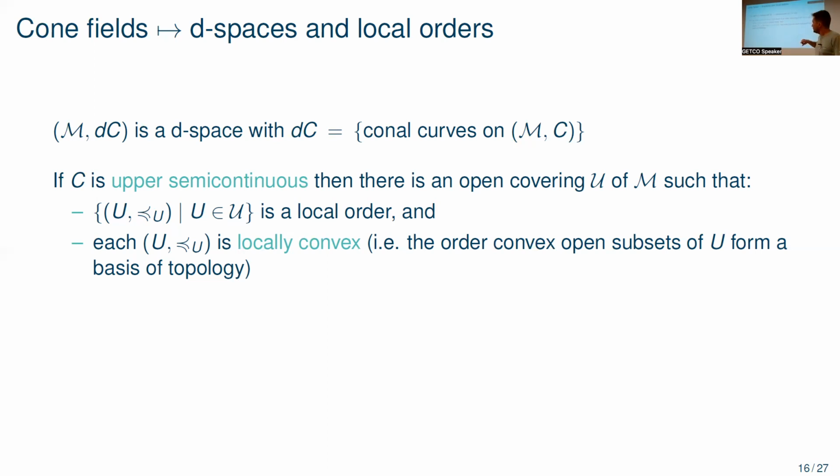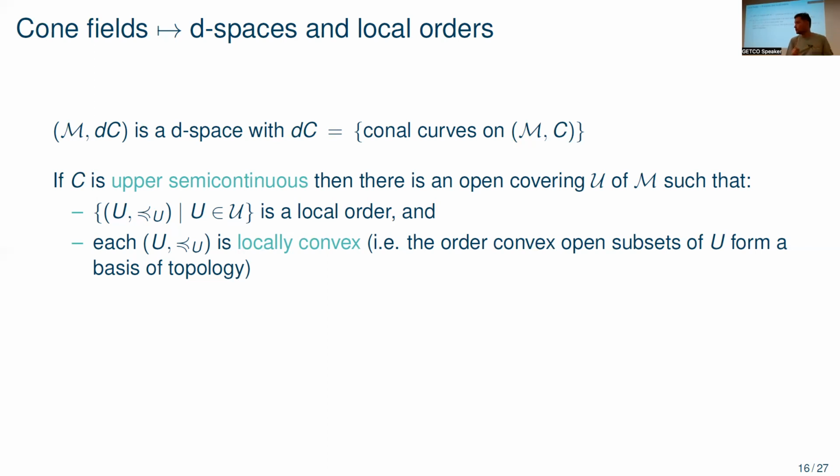And the other way around, if you have a cone field which is upper semi-continuous, so upper semi-continuous means that if you have the cone at a given point, and you consider an open cone which surrounds this cone, and you consider a cone which is a bit aside, then it should still be in the open cone.